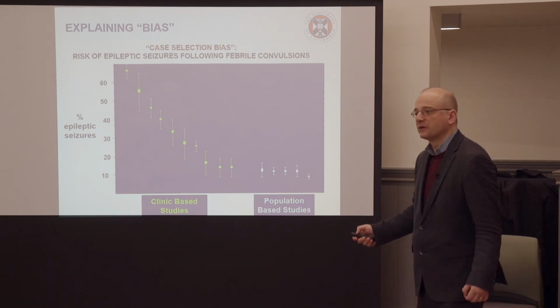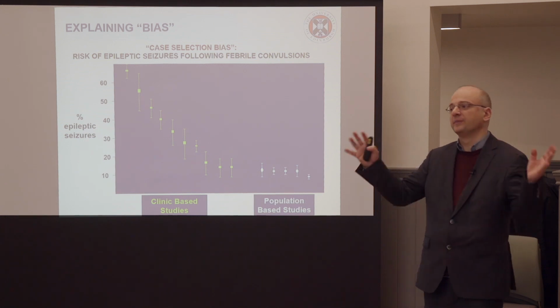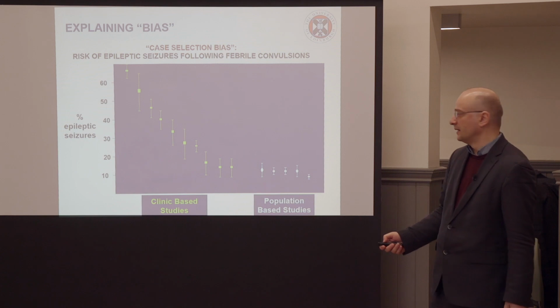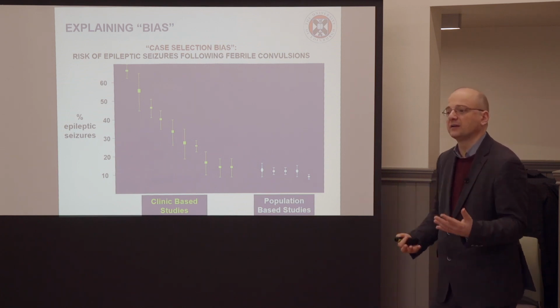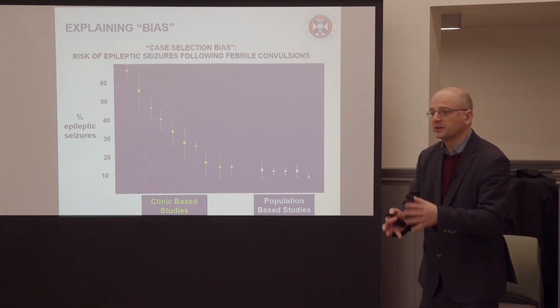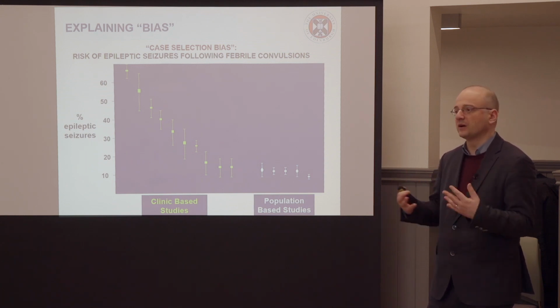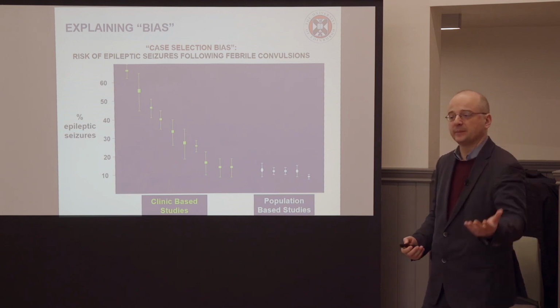So in hospitals, you always cluster most severe cases, and you should never make projections about the whole population based on hospital-based studies, especially when you don't have universal access to healthcare, because hospitals concentrate people who felt at home that they could no longer deal with the problem, and even their GP couldn't deal with the problem, and they end up in the hospital.